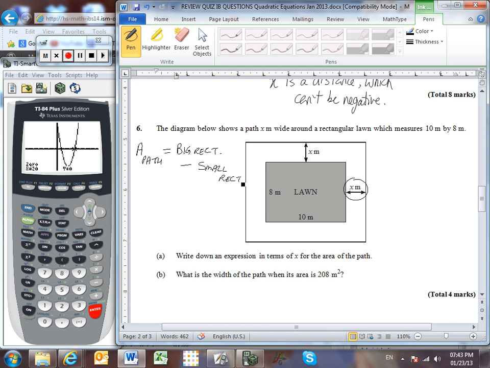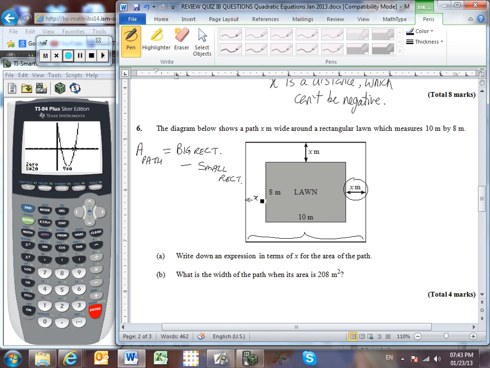Now the big rectangle, how would we find its area? Well, it's going to be length times width. What is its length? Well, I can see that it's got this 10 plus this, which we know is x, plus this, which is another x.